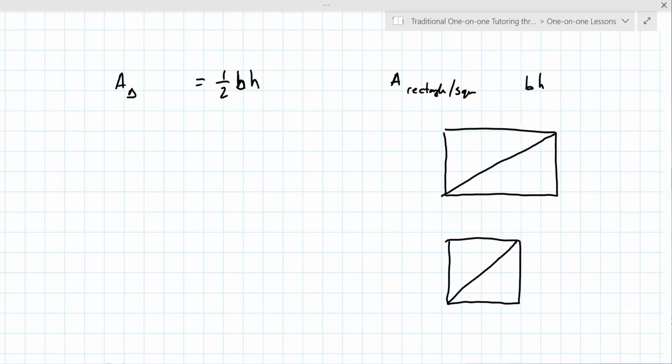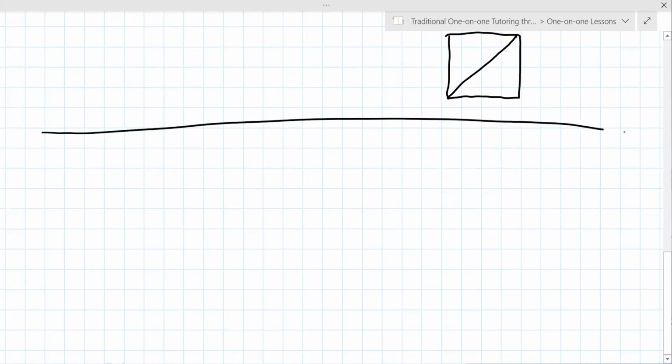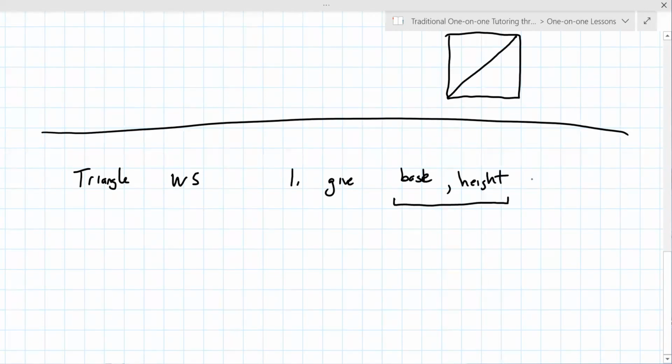Right. So when I make worksheets for students, let's say you and I were going to make a triangle worksheet. The first type of problem is I would give the base and the height. I would give you those values. And with the base and the height, what could you calculate?